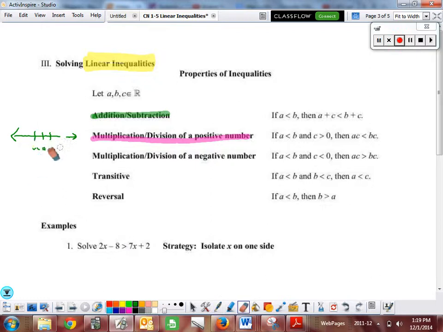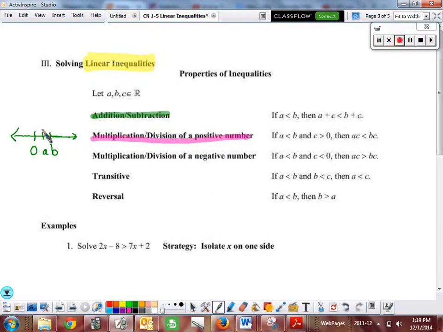All right, let's take a look at the simple case. Let's put A and B both positive. Here's 0, here's A, here's B. I am going to multiply by a negative number. Where does A times a negative number go? Right now it's above 0. It goes below 0.